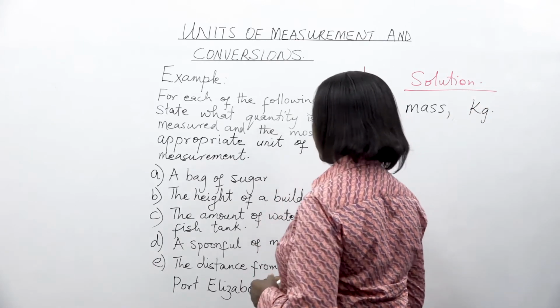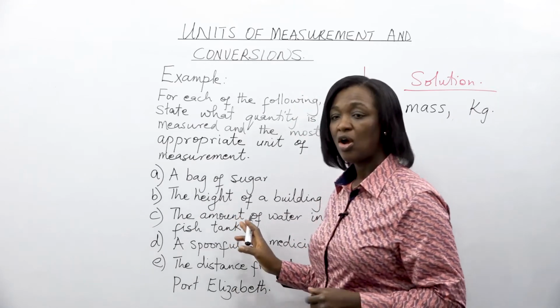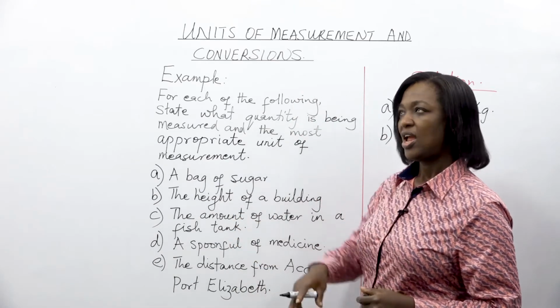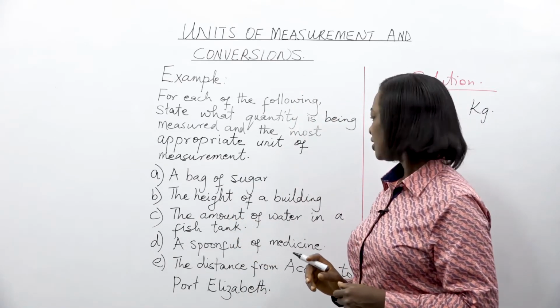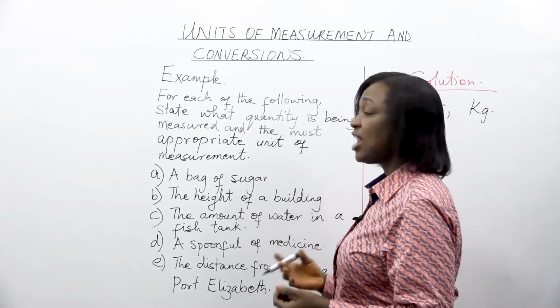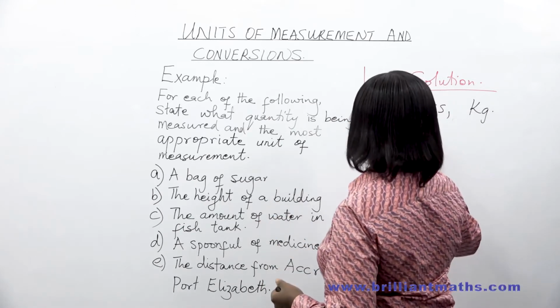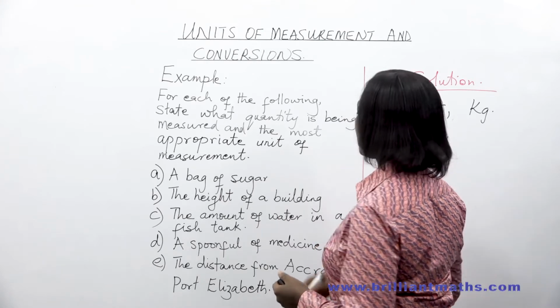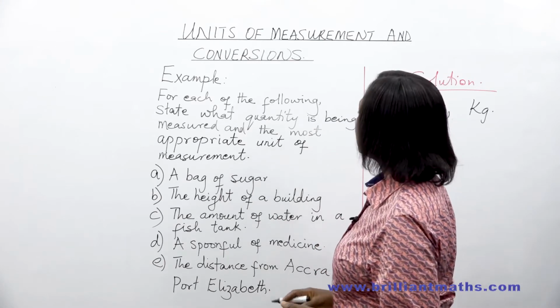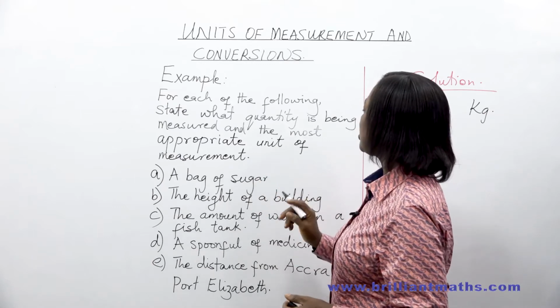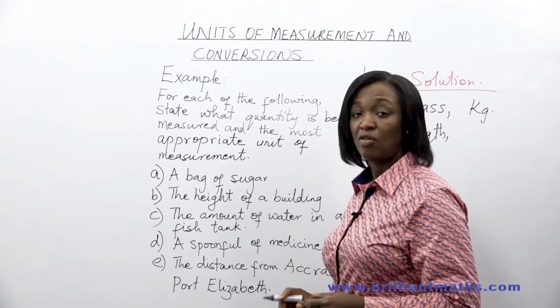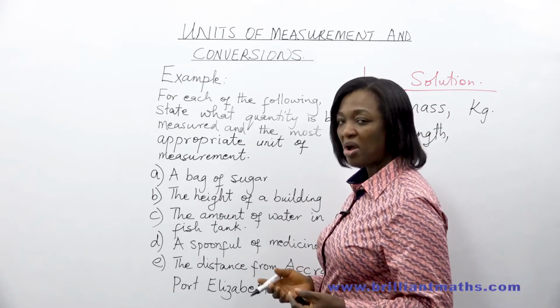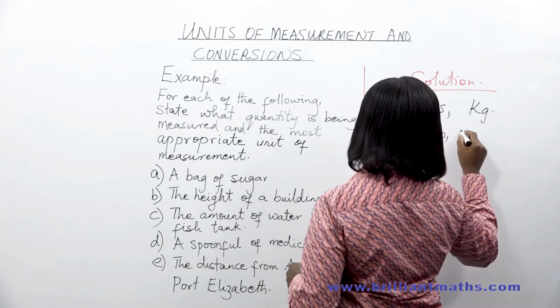For B, the height of a building, we're measuring length. And the most appropriate unit of measurement for the height of a building? For normal buildings, you could measure them in meters.